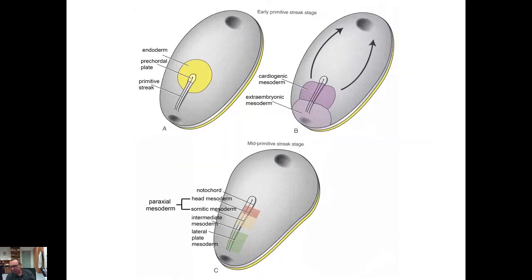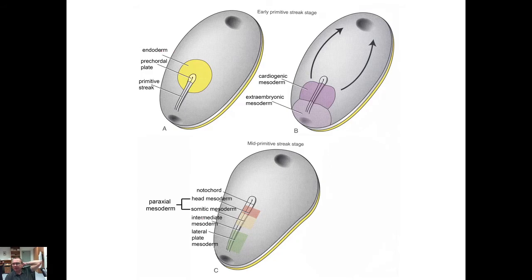Another picture, another fate map from another textbook, which starts earlier. The picture down here is analogous to our previous picture. You can again see head, somitic, intermediate, lateral plate mesoderm. Here upstairs are two pictures showing the situation a little bit earlier, at the beginning of gastrulation.